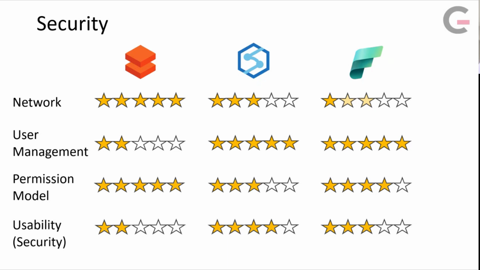Regarding the permission model, Databricks is nicer because you have several different permissions, and you can grant permissions on object level and also on folders and stuff like this. Within Synapse, I had to remove a few stars because there are no object level permissions. So if someone has access to, for example, the workspace, they have access to all the notebooks and all the pipelines and stuff like this.